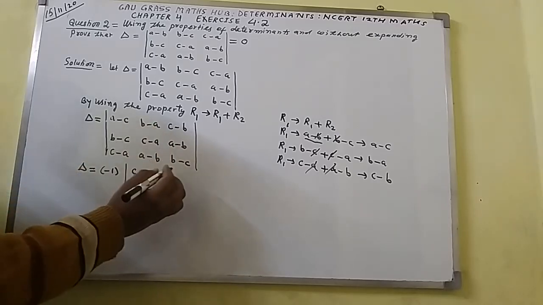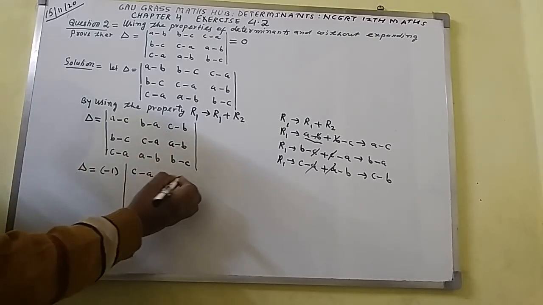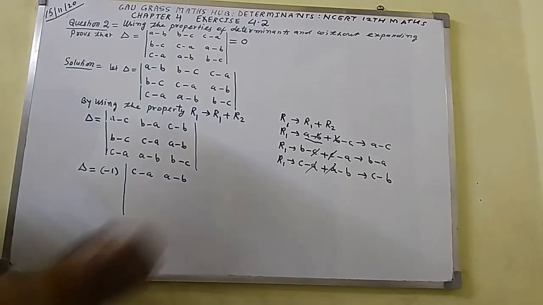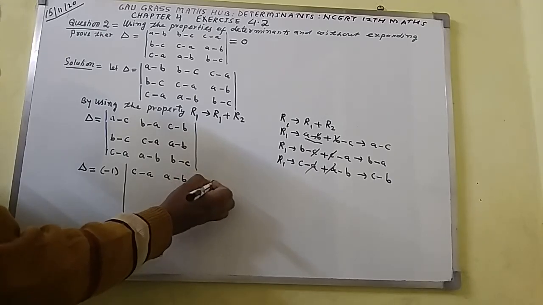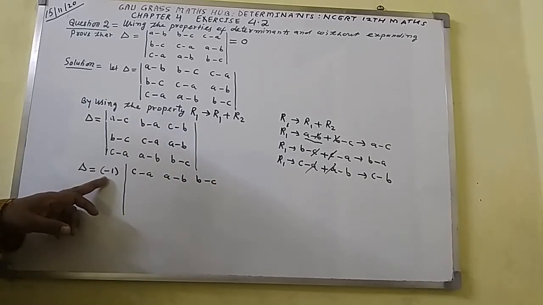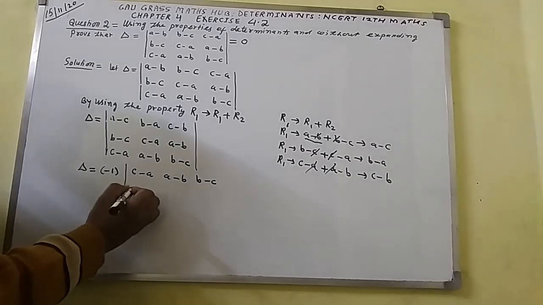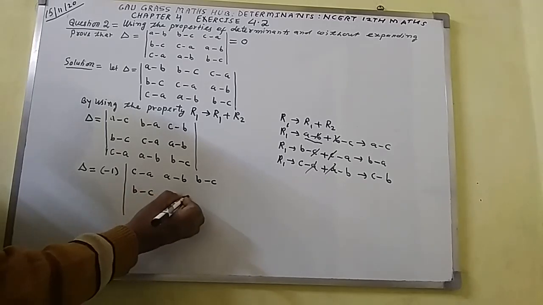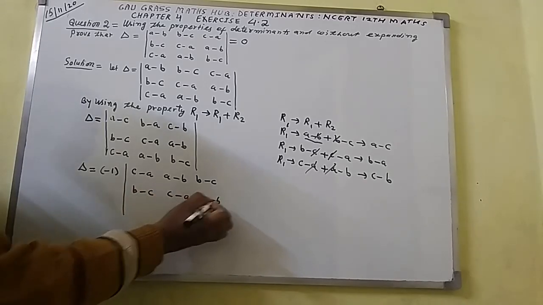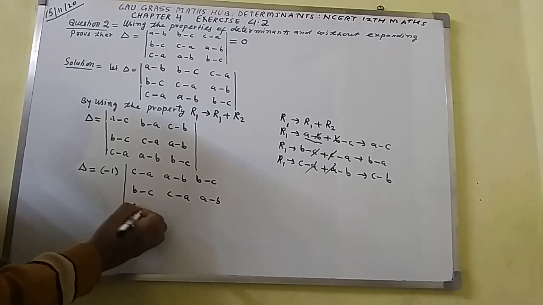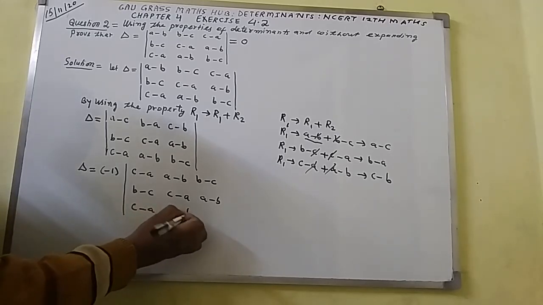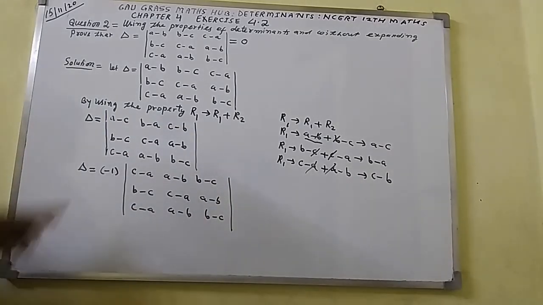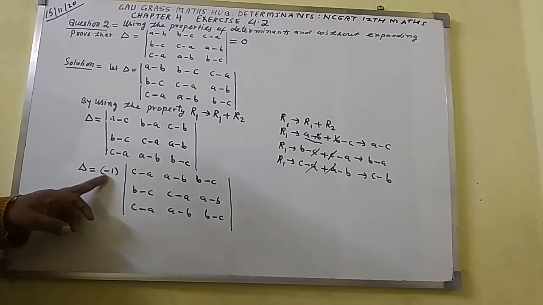B minus A will be converted into A minus B, and C minus B will be converted into B minus C, because here minus 1 I have taken common. So here, second row I shall write here B minus C, C minus A, minus B. Third row write here C minus A, minus B, minus C. So here I have taken minus 1 as common.